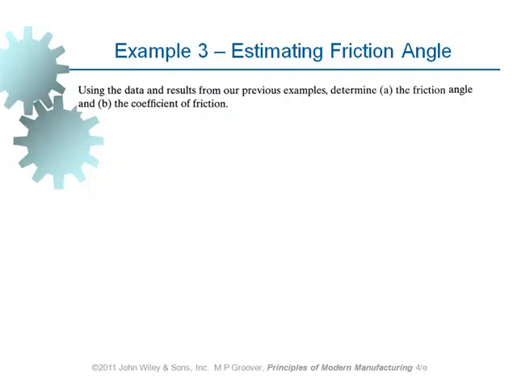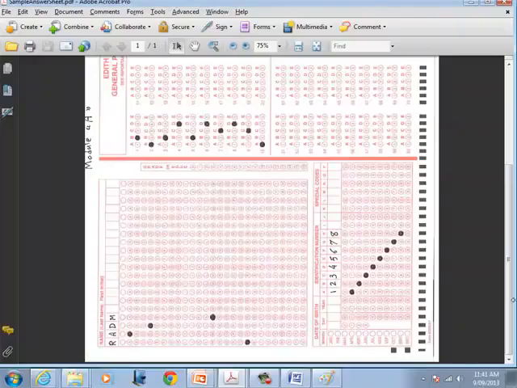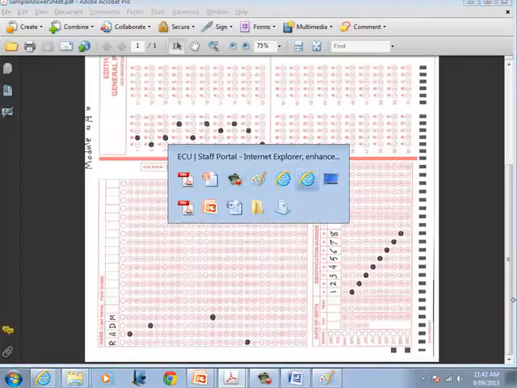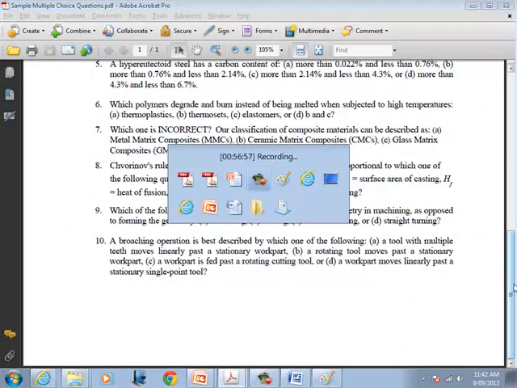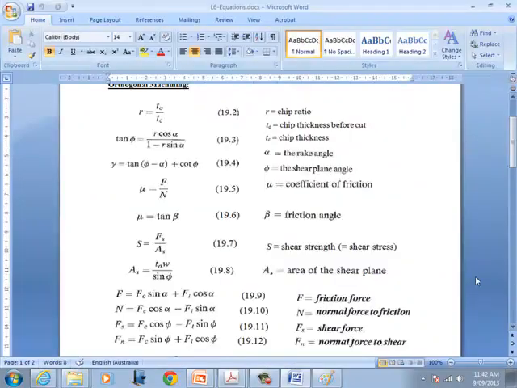Okay, let's do another example. Using the data and results from previous examples 1 and 2, we are to determine the friction angle and coefficient of friction. What are they? Let's go back to the equation sheet which we had. Where is it? I just lost it. Here it is.